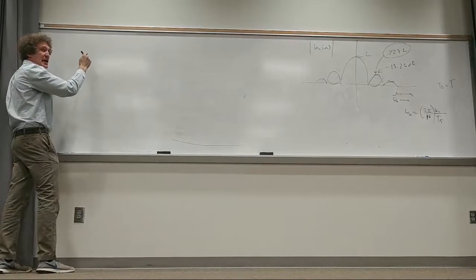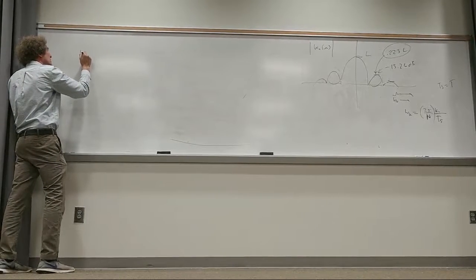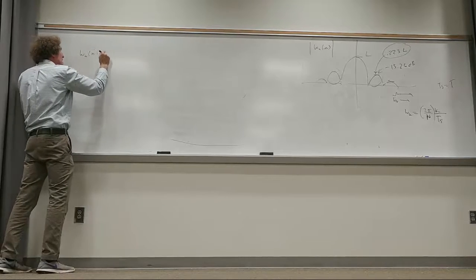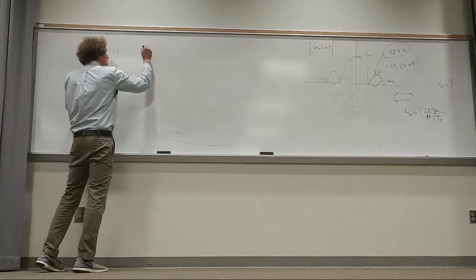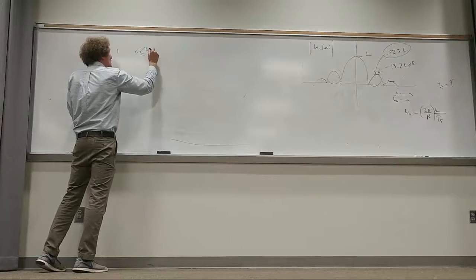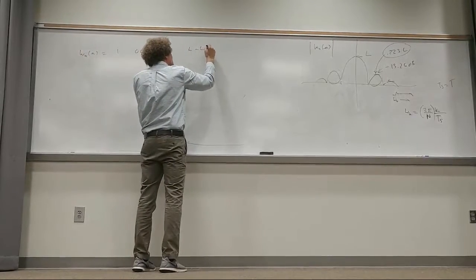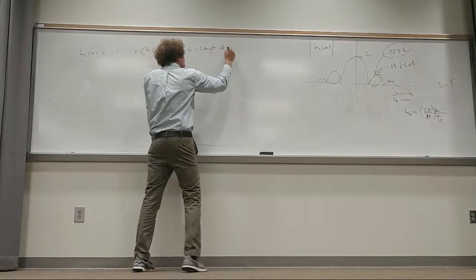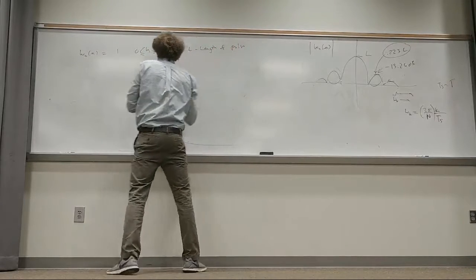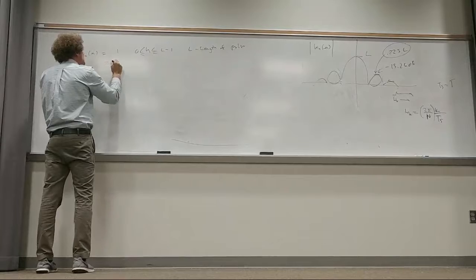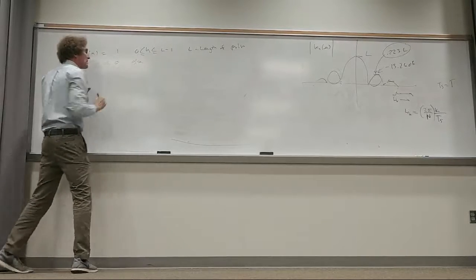All right, I said that the actual window w[n], you don't need to write this down, was 1 for n greater than 0 and less than or equal to L minus 1, where L is the length of the pulse. Then I said it's 0 else.